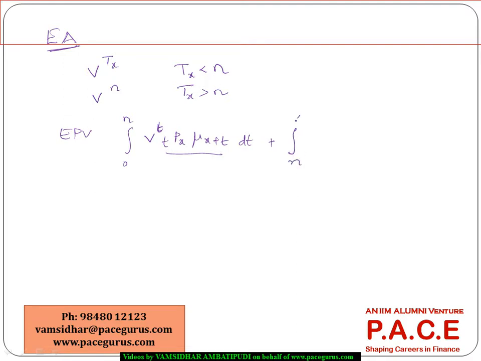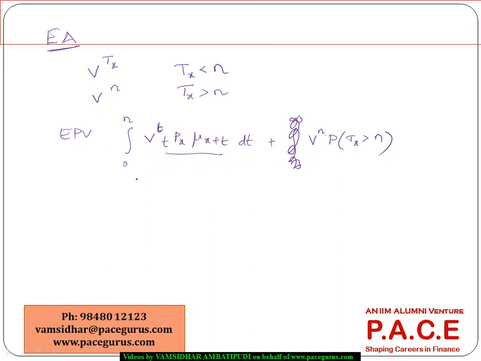And then between n to infinity, yes, he is going to be paid, whatever is the probability that Tx is greater than n. This I can take as the probability that Tx is greater than n multiplied by v^n, because in all these cases it's the same v^n that is getting paid.